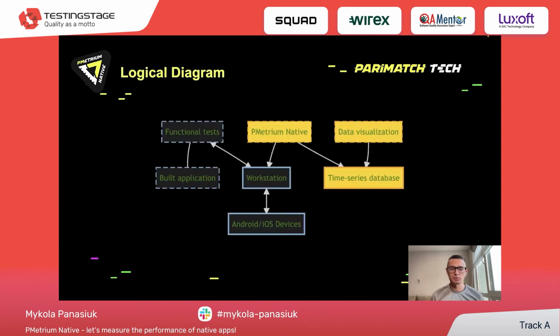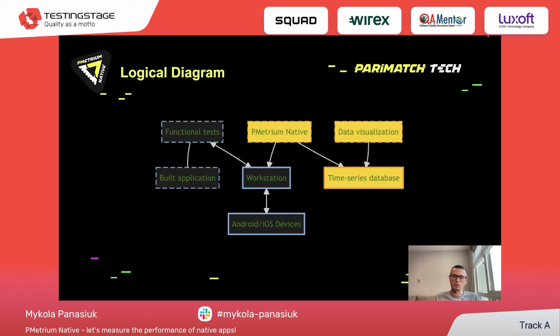So, moving to more interesting details, to the logical diagram. On this screen we can see some gray rectangles, some classical components of a functional test. You have a built application, functional tests, manual or automated, it doesn't matter, a workstation on which you work or run tests, and some Android or iOS devices connected to that workstation.